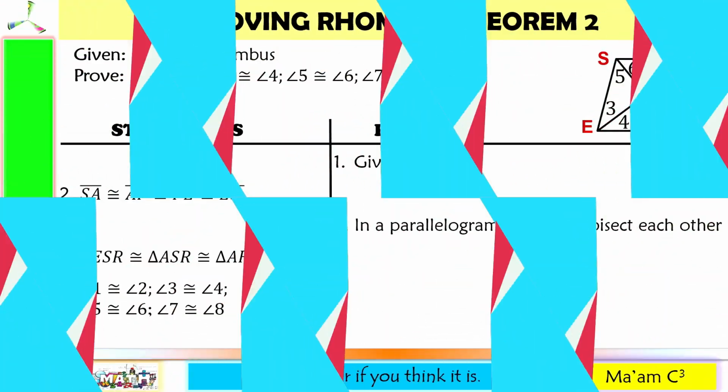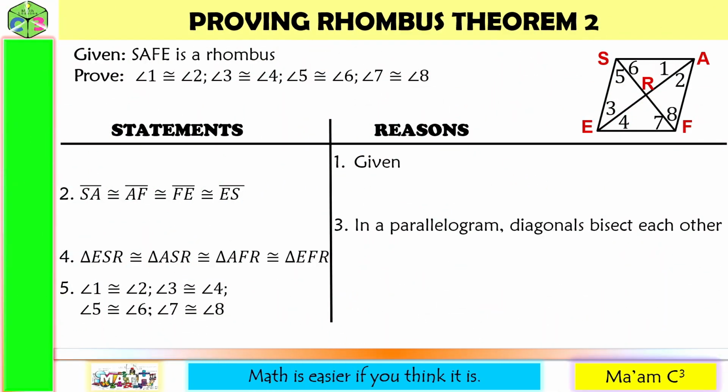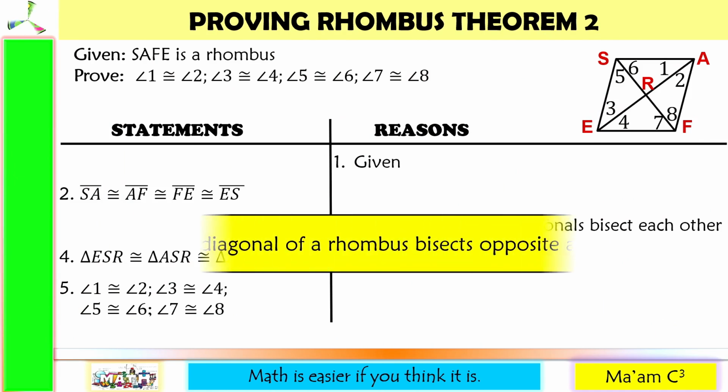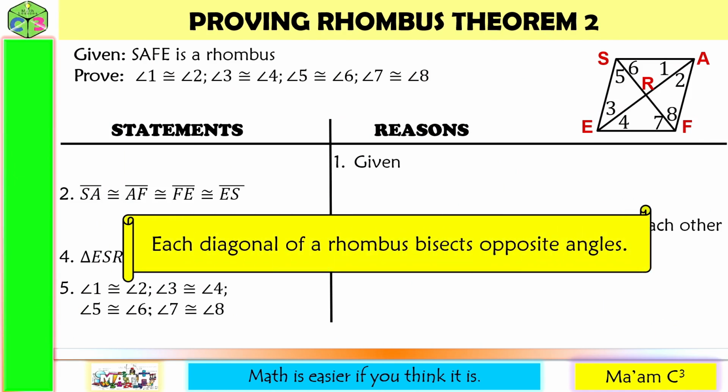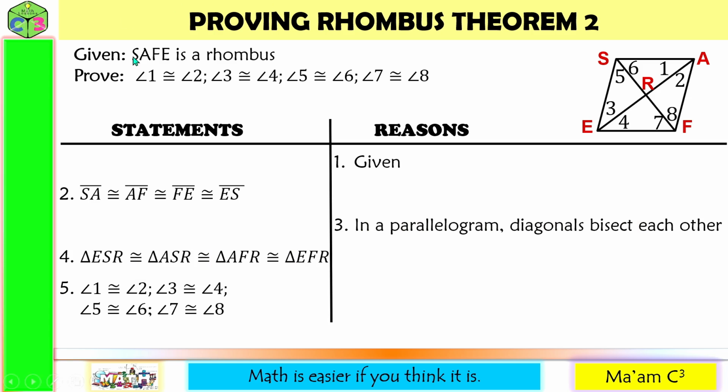Okay, let us proceed proving rhombus theorem number 2. Let us recall that would be each diagonal of a rhombus bisects opposite angles. So given is SAFE is a rhombus, and we are asked to prove that angle 1 is congruent with angle 2, 3 and 4, 5 and 6, 7 and 8.